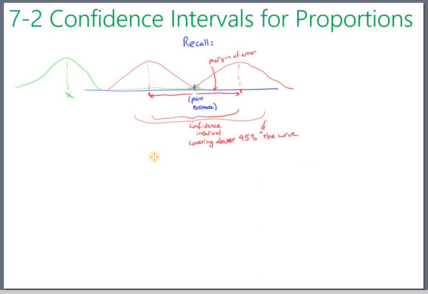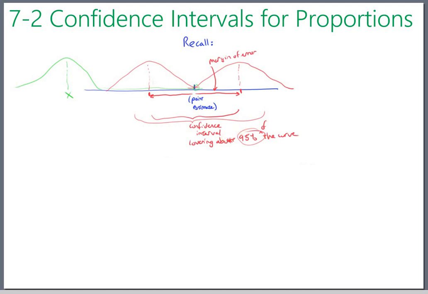So we try to get this balance between percentage of being right and actually being useful. So usually that ends up being somewhere around 95% or 99%. The problem has to tell you what confidence level to use. If they don't, 95% is the default. So if they don't say otherwise, 95% confidence level.